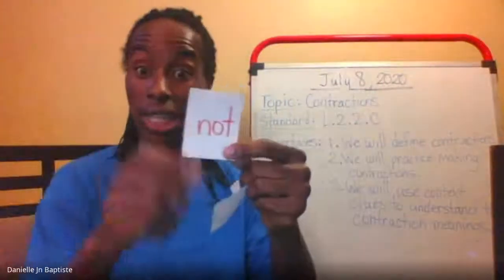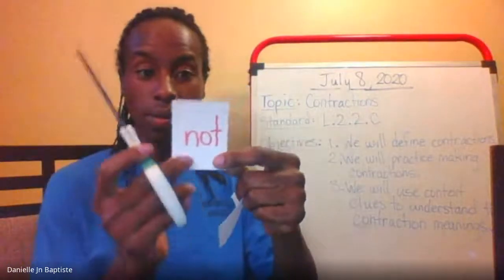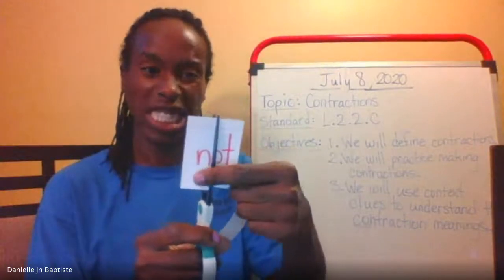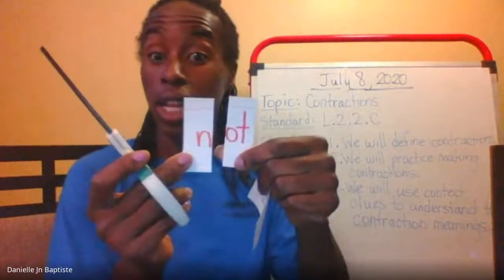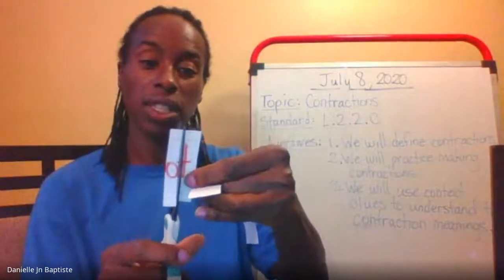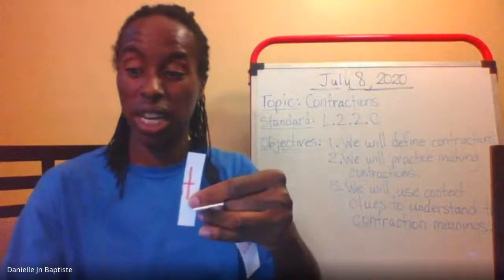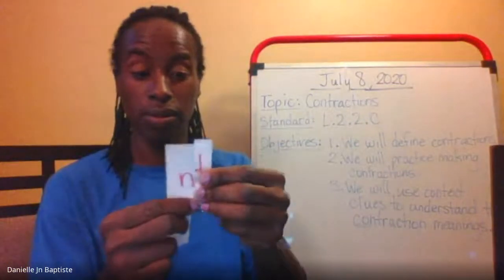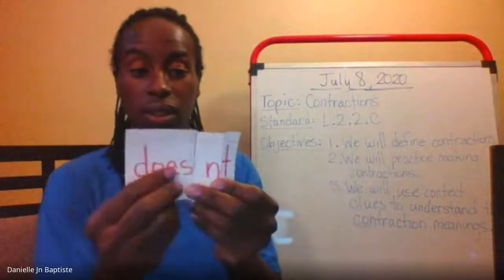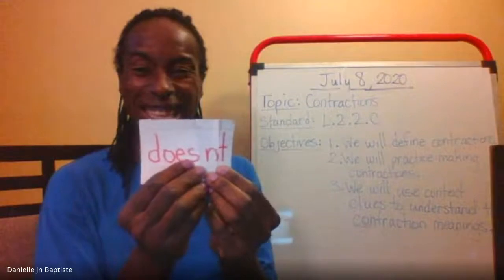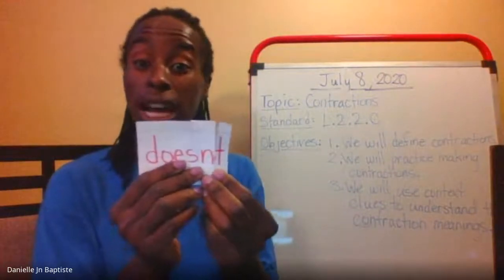Let's take out, look, the O. These scissors are doing some fancy work right now. So we're going to take out the O from not.